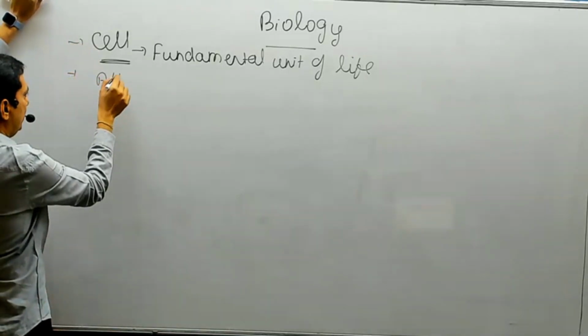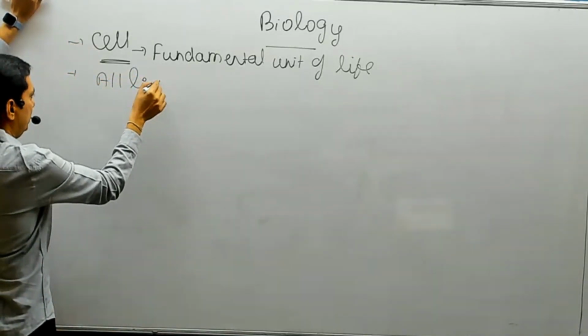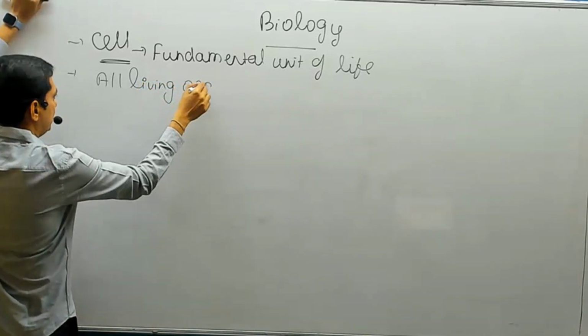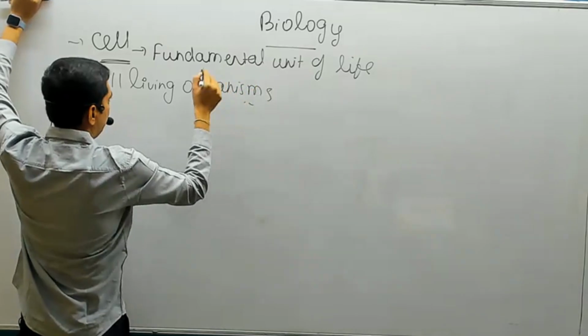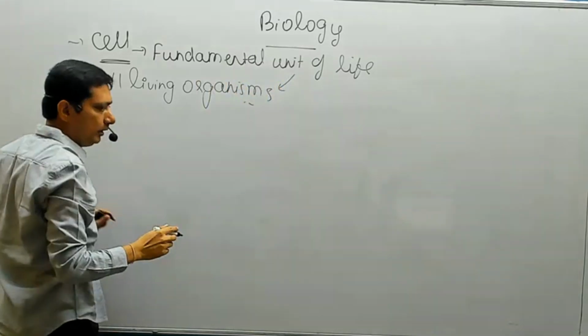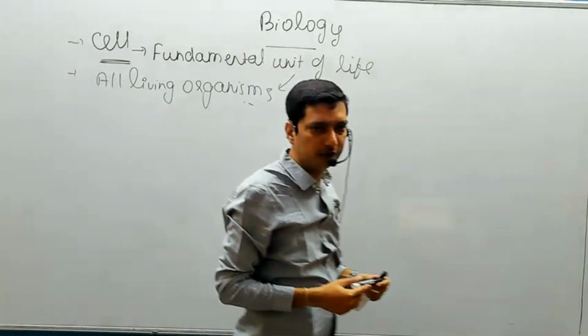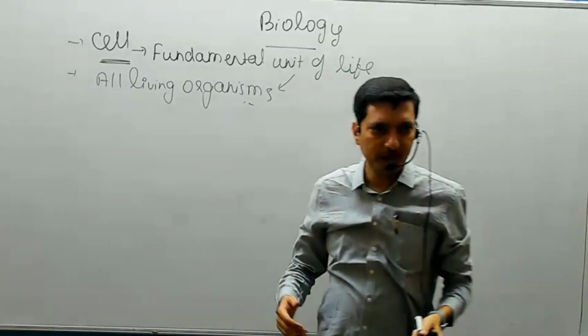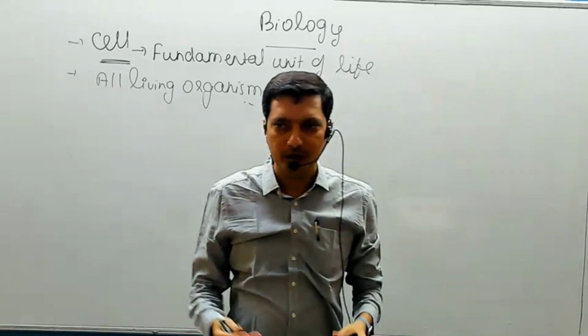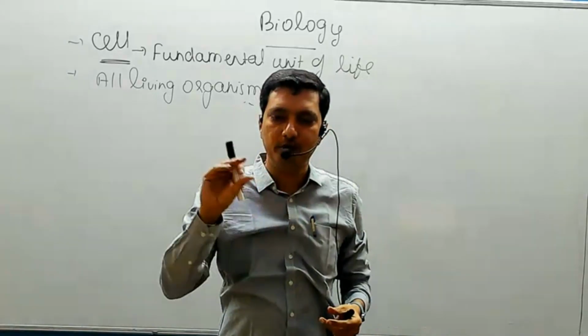So all living organisms are made up of cells. That is why this is called the fundamental unit of life. Like how walls are made with bricks, similarly living organisms are made with these cells.